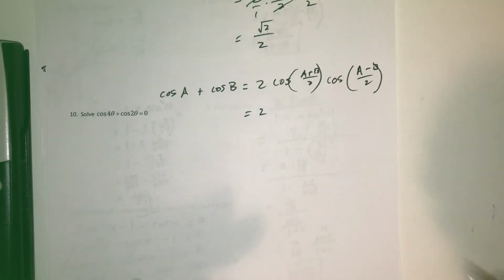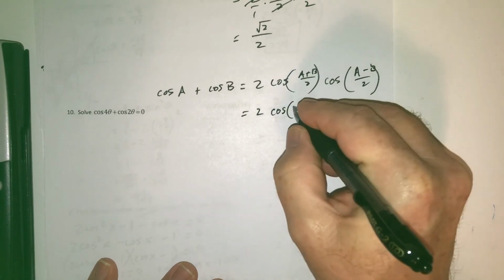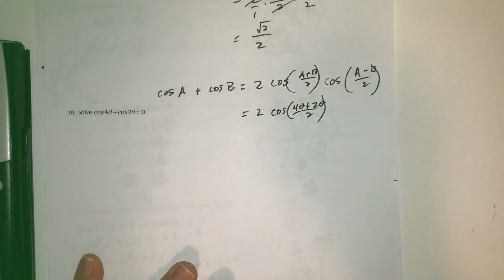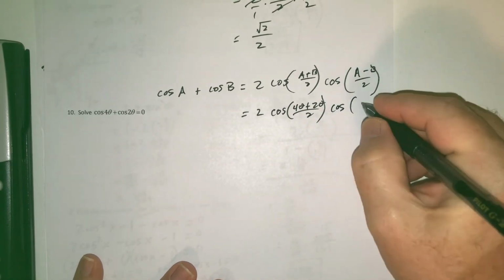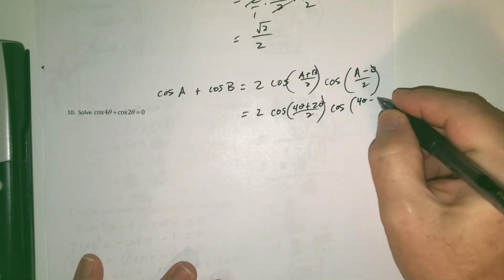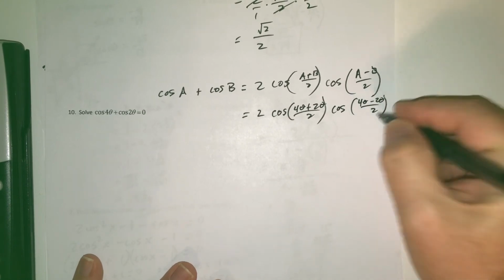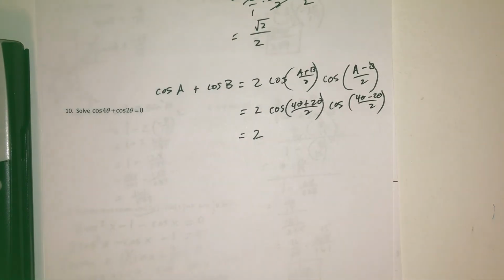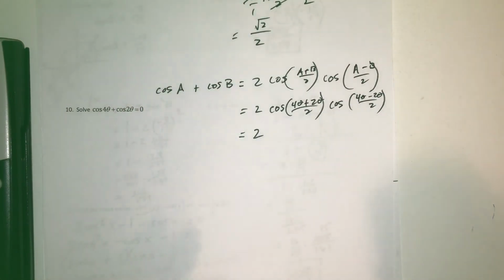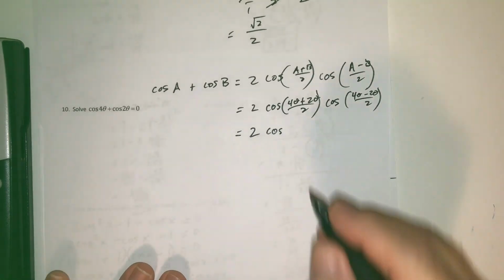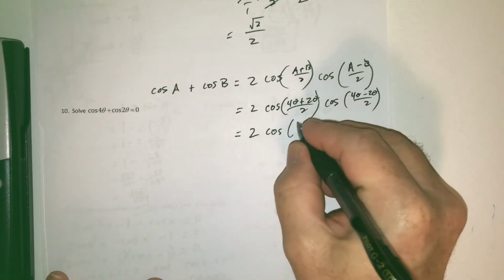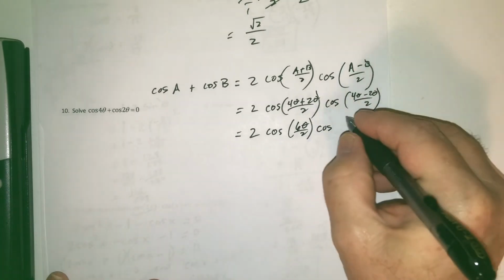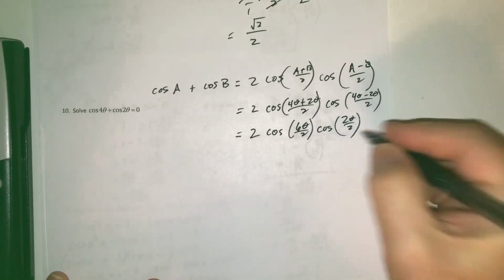So we would do 2 times the cosine of 4 theta plus 2 theta divided by 2 times the cosine of 4 theta minus 2 theta divided by 2, which would be equal to 2 times the cosine of 6 theta divided by 2 times the cosine of 2 theta divided by 2.